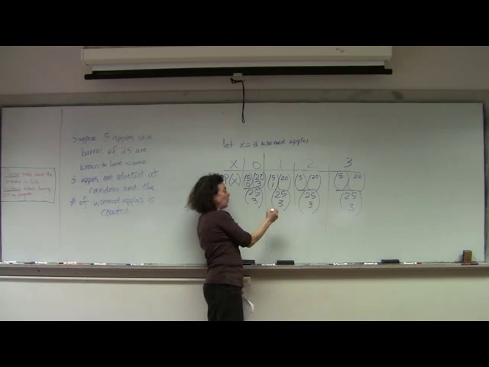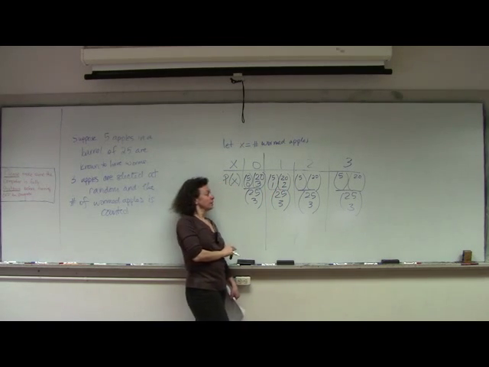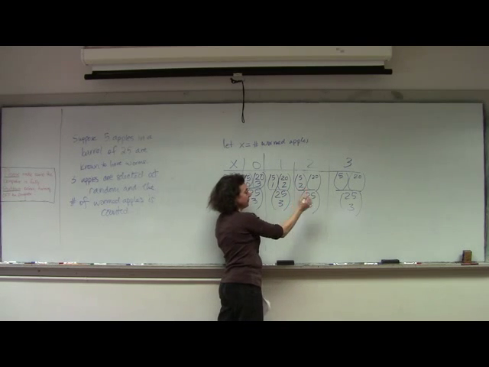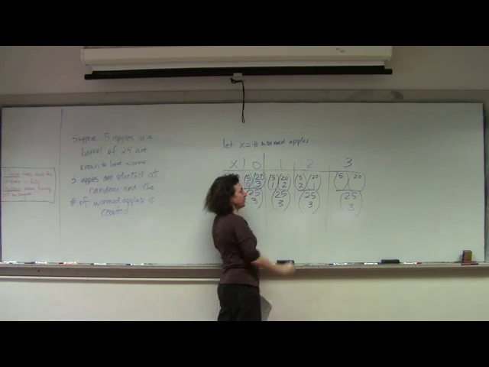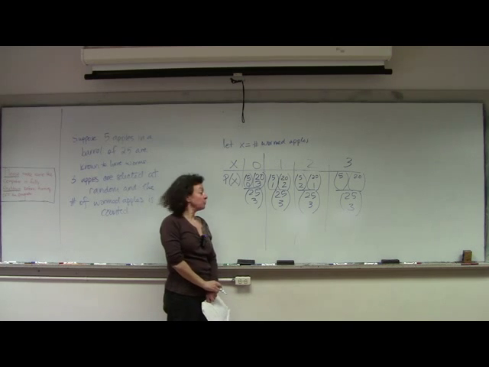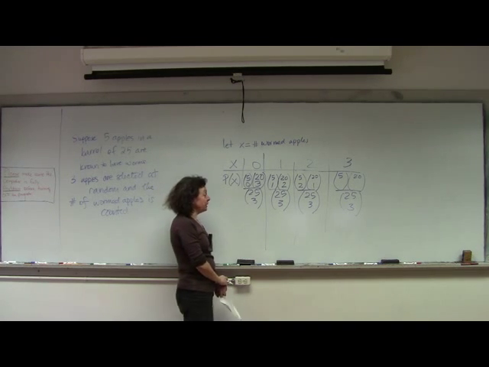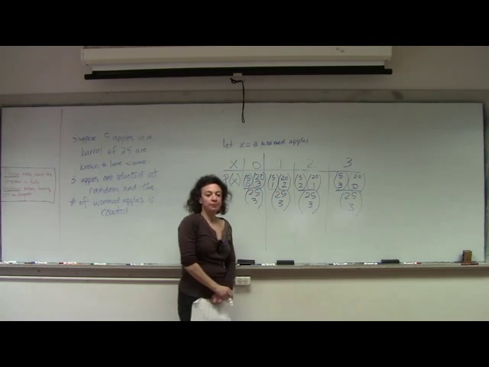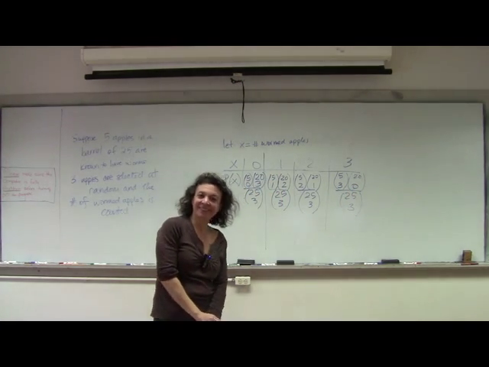Well, we want 1 wormed apple, and therefore 2 are not wormed. Now we want 2 wormed apples, and therefore, since we're picking 3, 1 is not going to be wormed. And last but not least, we want 3 wormed apples here, and therefore, none of them will be decent.